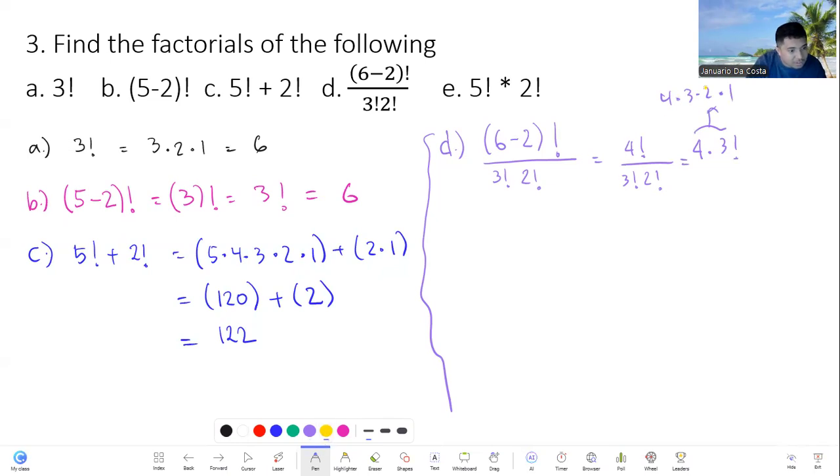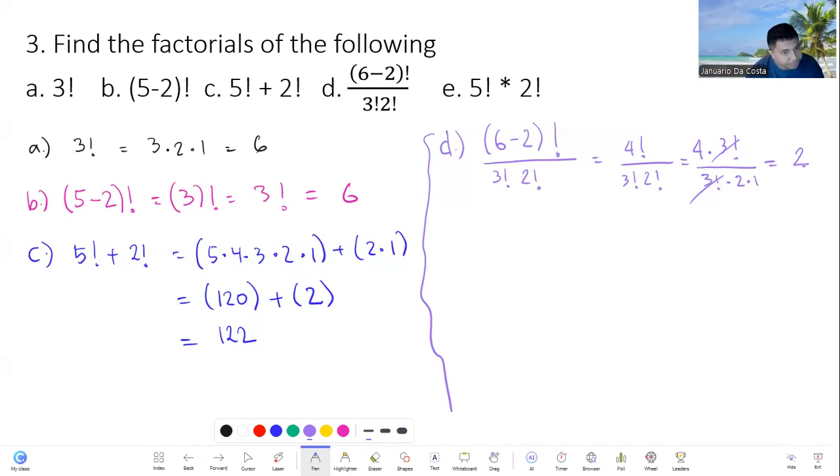And this part here is simply 3 factorial. So instead of writing everything down, I'm writing it as simply as that. Let me delete this and rewrite it like this, divided by the 3 factorial times 2 factorial. The reason I write it like that is so that I can easily cancel out. I can cancel out the 3 factorial, so that's just 4 over 2, which gives me a 2 over here.